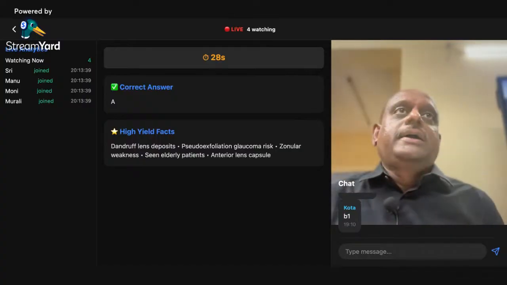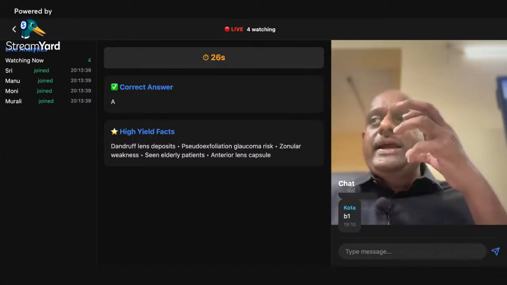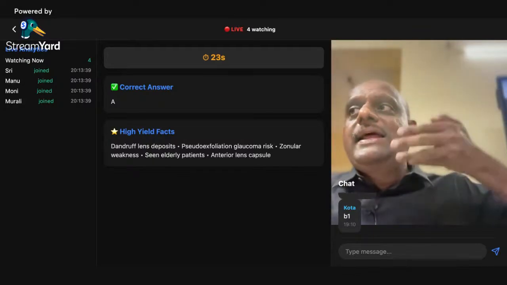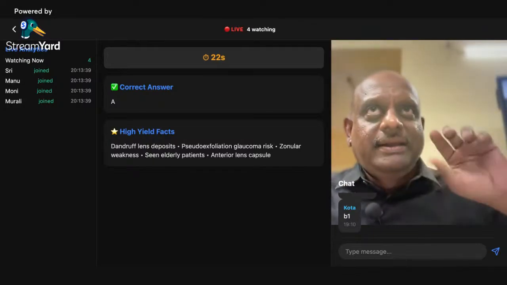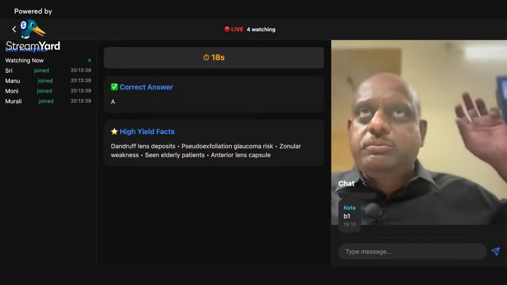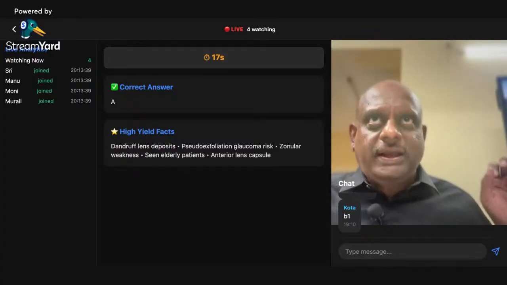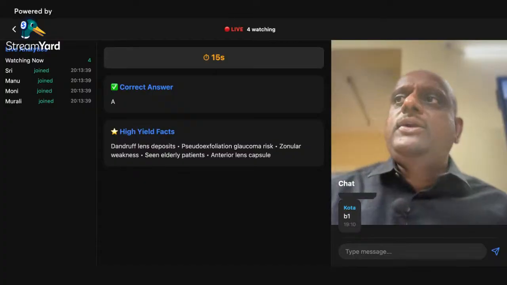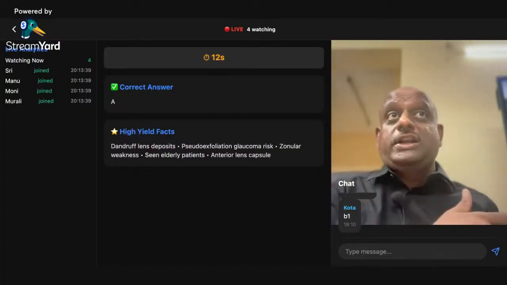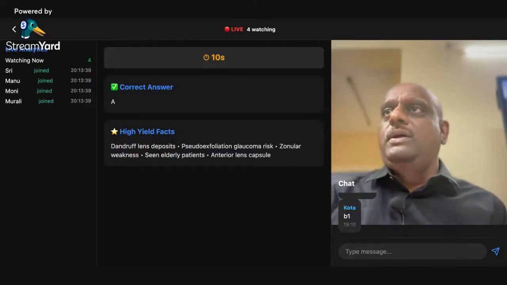Typically, pseudo exfoliation is seen in elderly patients when the anterior lens capsule leads to the production of pigment deposits, which will block the anterior chamber, canal of Schlemm, leading to the development of glaucoma. That's called pseudo exfoliation glaucoma, is what we need to remember.